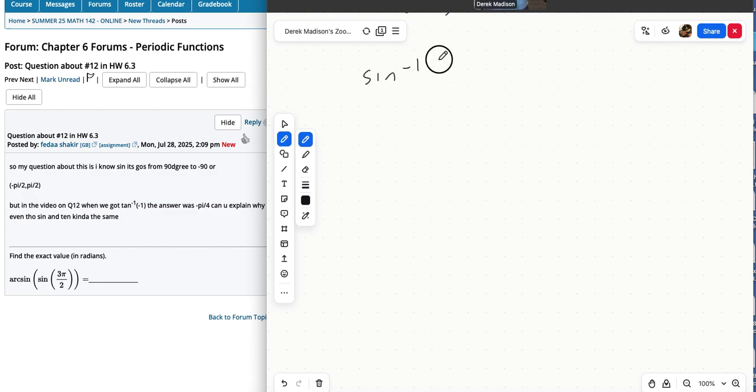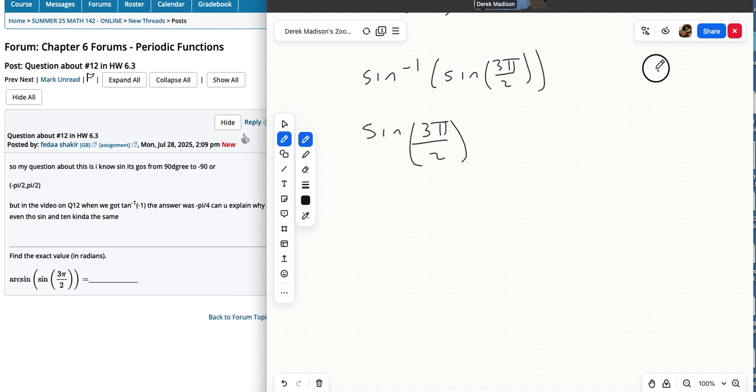So arcsine of sine of 3 pi over 2. First we would figure out what sine of 3 pi over 2 is. So if we draw our circle, 3 pi over 2, that's right here.